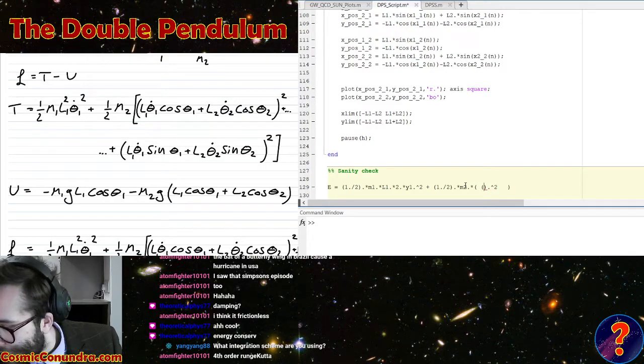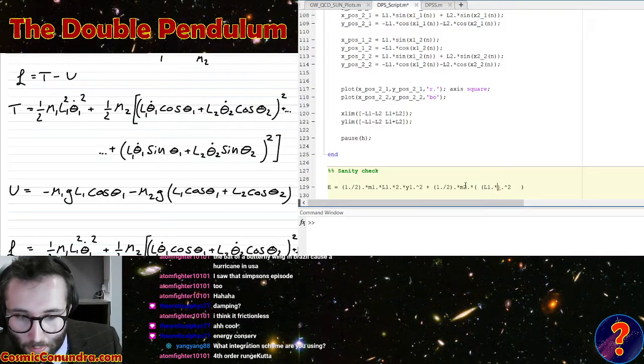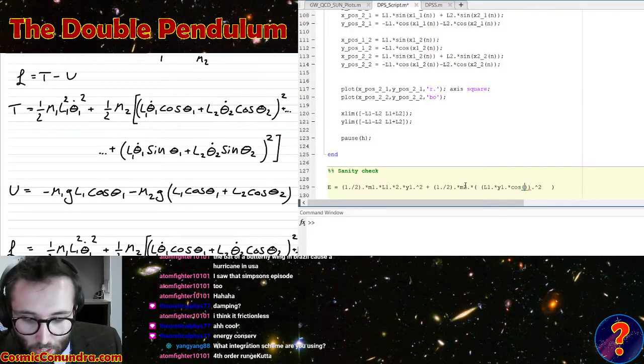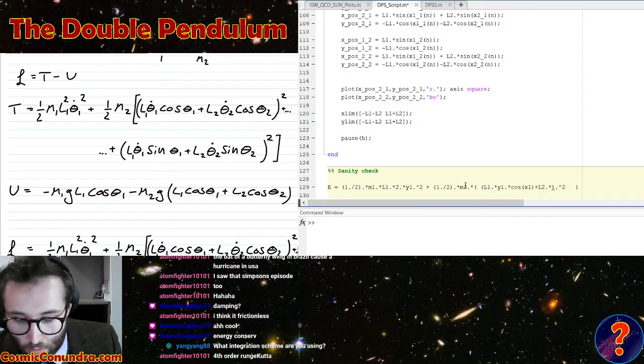In the first bracket we've got L1 times theta1 dot, which is given by y1, times cosine of theta1, which is cosine of x1, plus L2 times theta2 dot, which is y2, times cosine of theta2, which is x2.